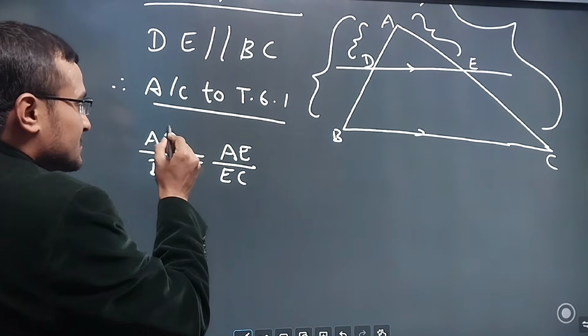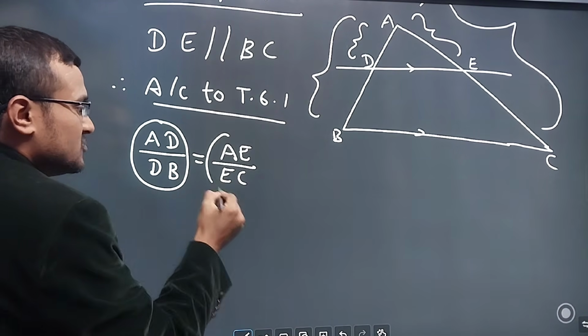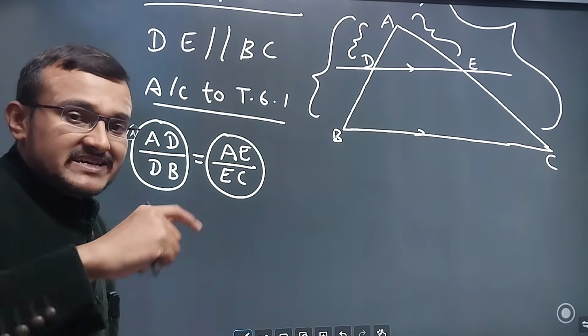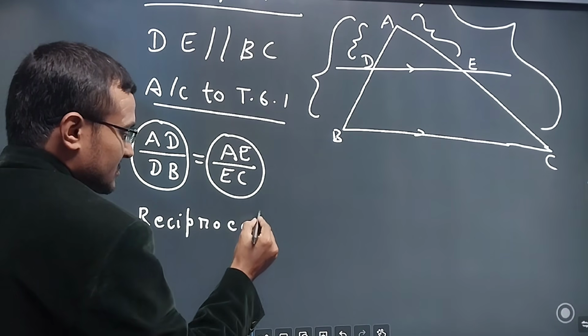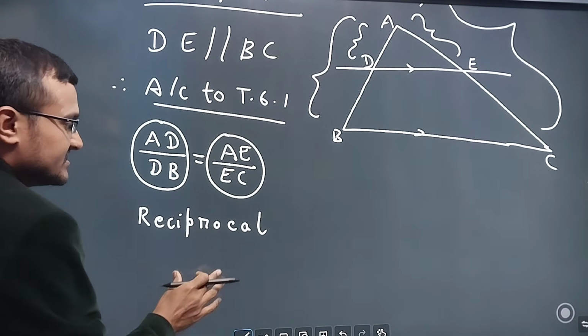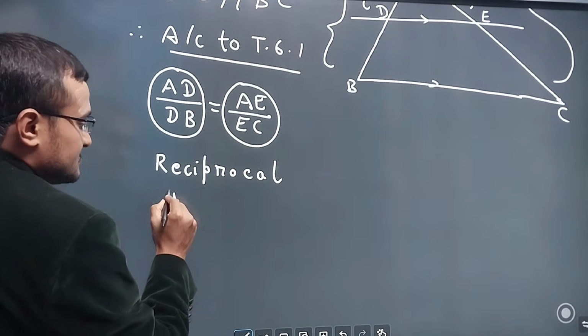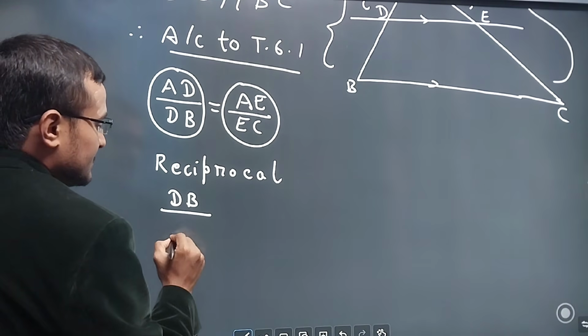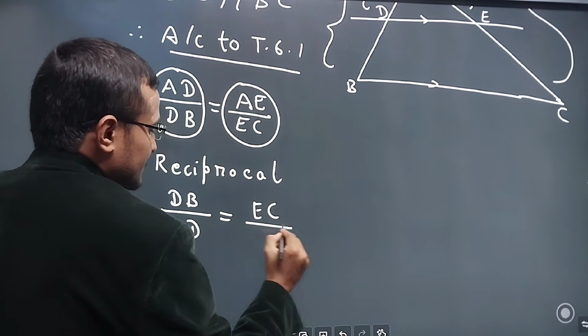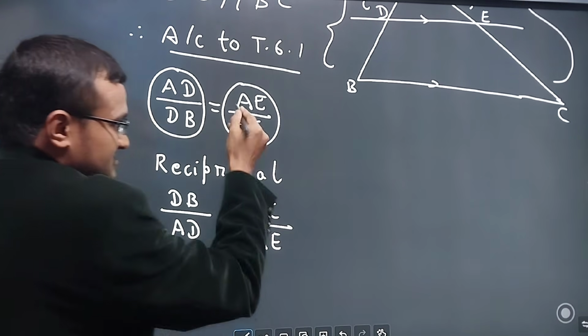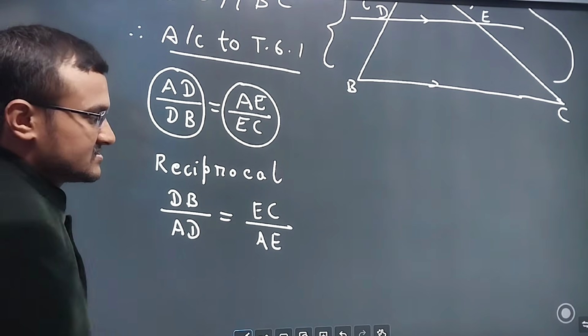Now, since AD by DB is equal to AE by EC, I'll take the reciprocal on both sides of the equality sign. That is, DB by AD is equal to EC by AE. So I have just taken the reciprocal of this.